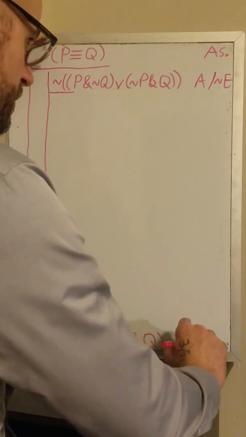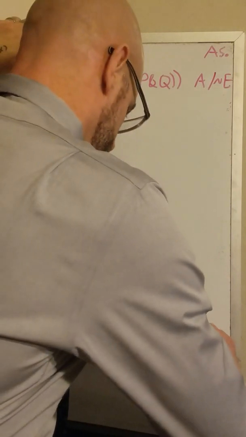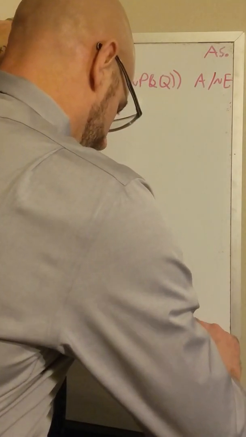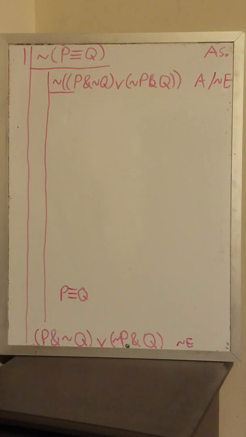So we're going to get our bottom line, our goal here, by negation elimination. This line here, we're going to get by biconditional introduction, obviously, because the main connective is a biconditional.